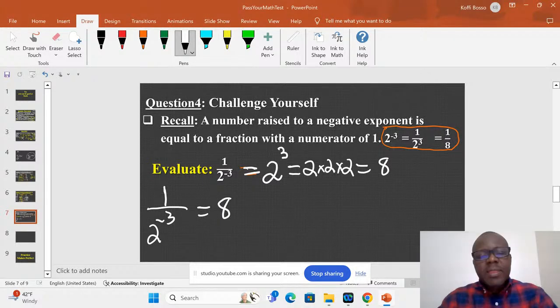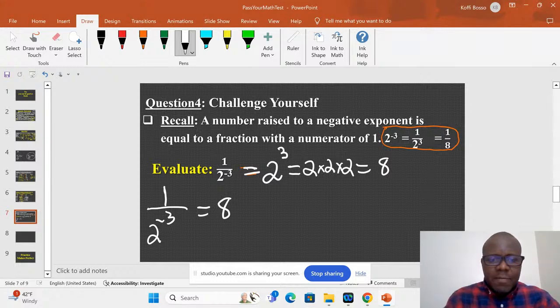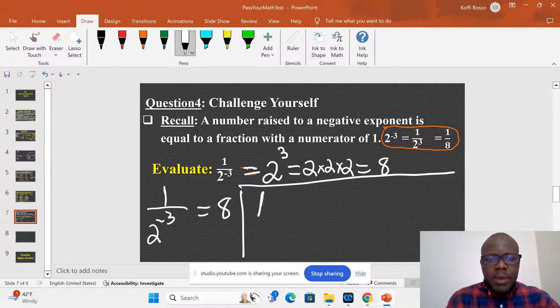Simple. Now let's explain it. What is going on here? The idea is that when you have 1, I'll write it like this so you can better understand. This is 1 divided by 2 raised to negative 3 power.